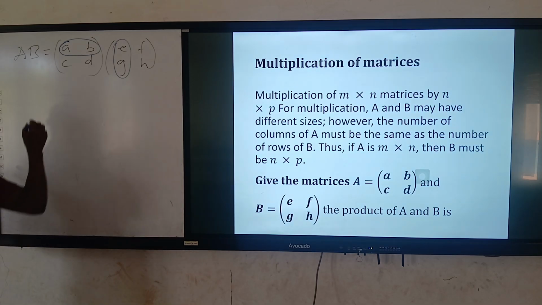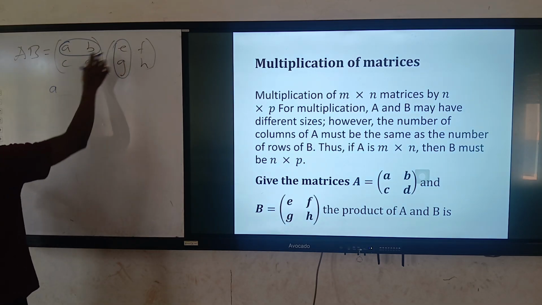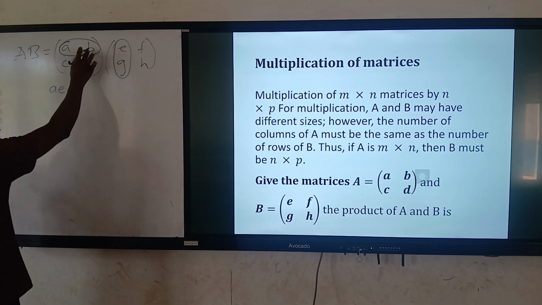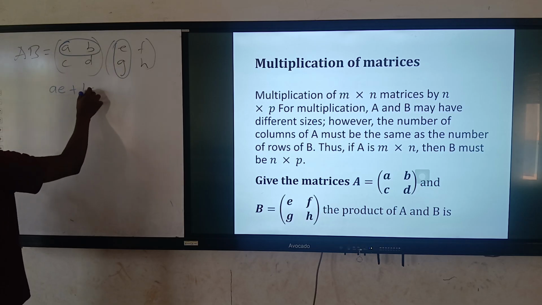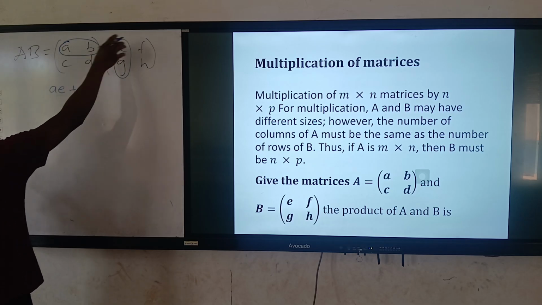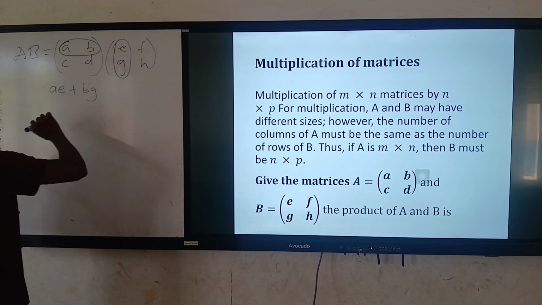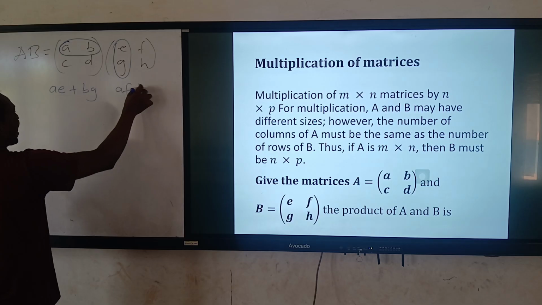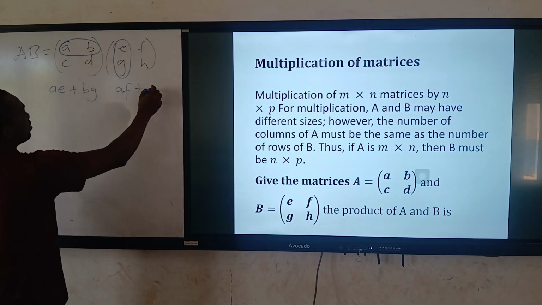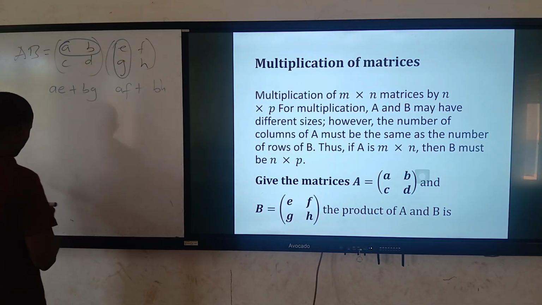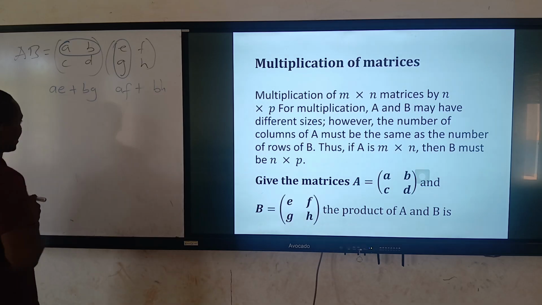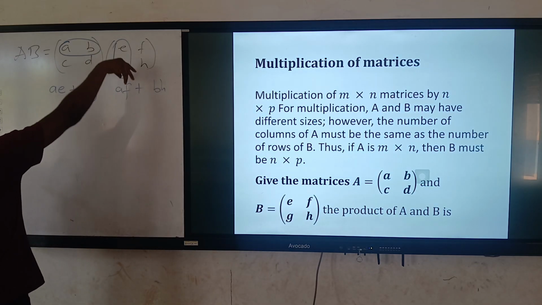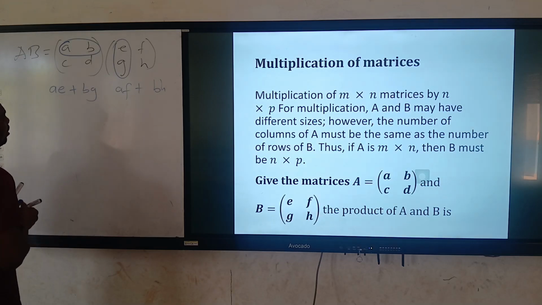So you are going to get A times E, that's AE, plus the next one, B and G. Then you take the row again and multiply by the next column. So you get A times F, which gives AF, plus B times H, which gives BH. Again, you take the second row and multiply by the column of the second matrix.